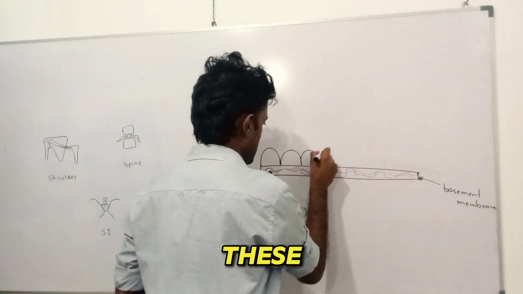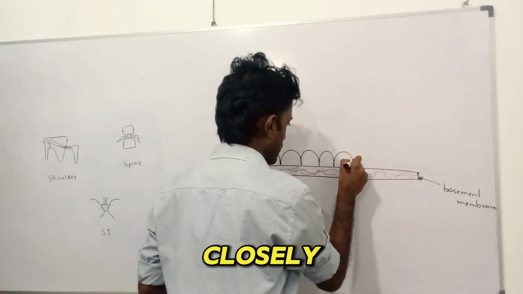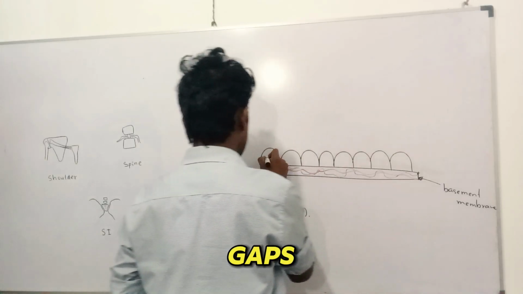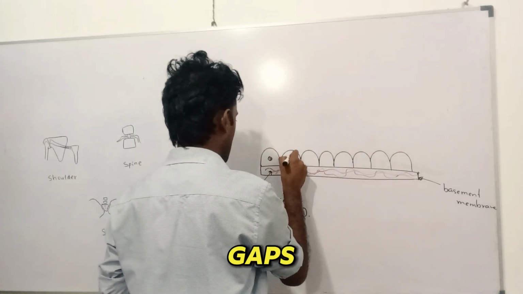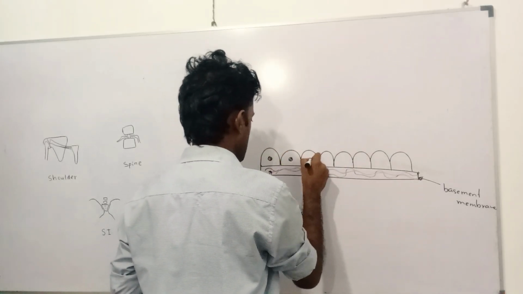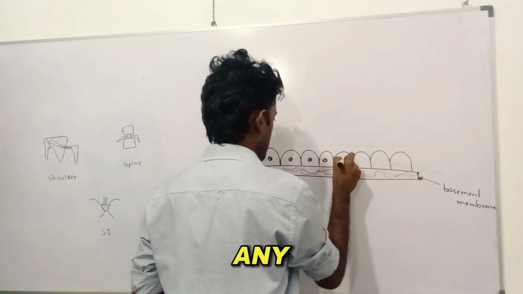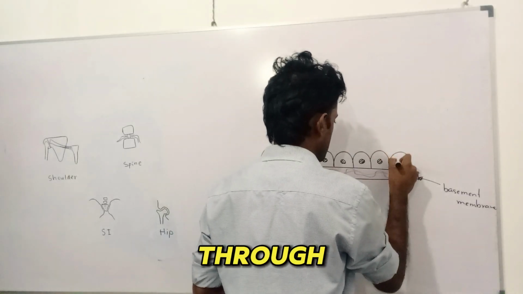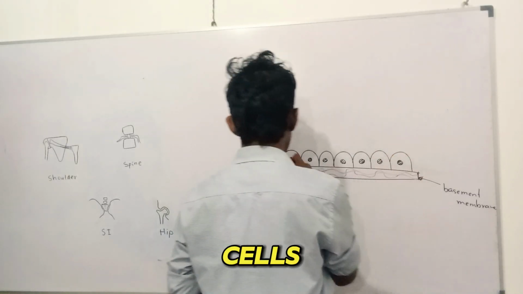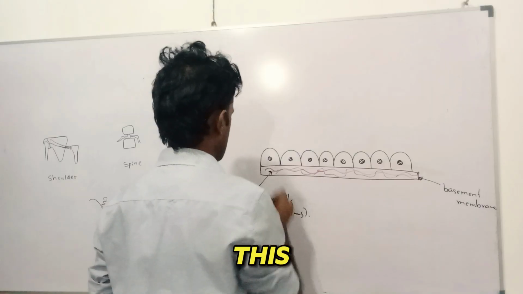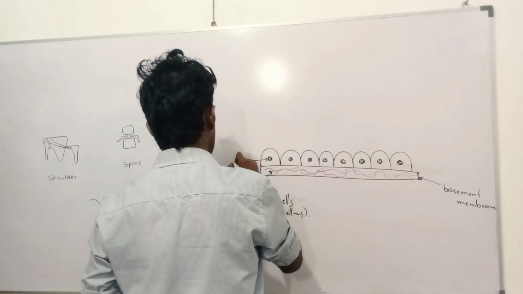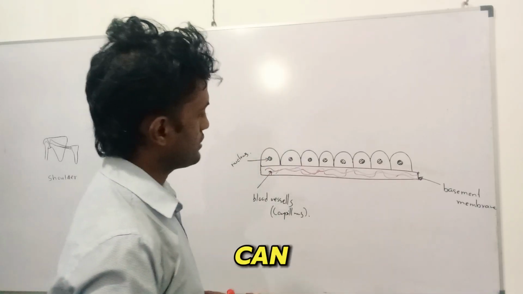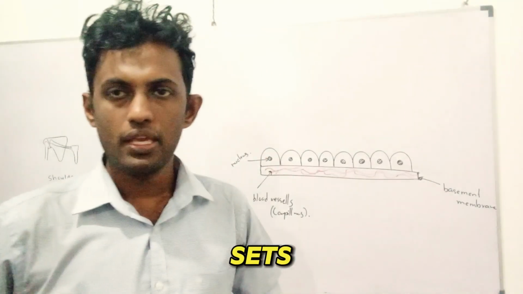You can see these cells are very closely packed, tightly packed actually. There are no gaps between these cells. So no microorganism or dust particle can go through these cells. So this is the nucleus, and here you can see the tightly packed cells.